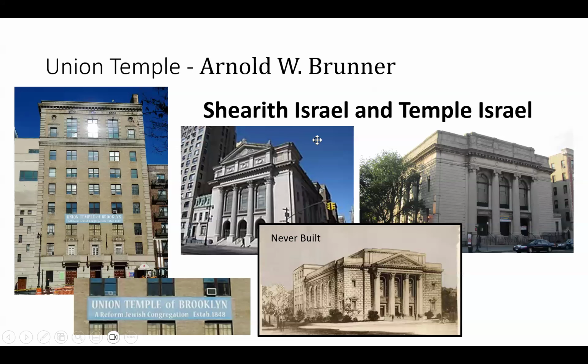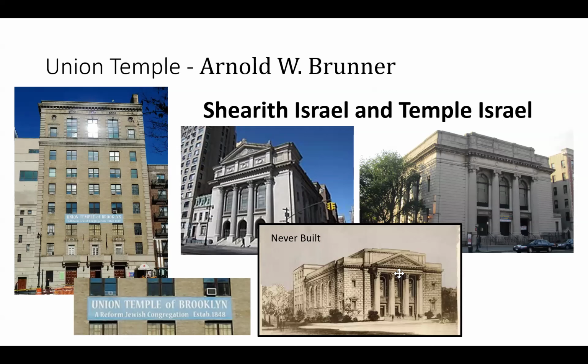Arnold Brunner was a famous German Jewish architect who built temples. He built Shevet Israel in the middle picture, the Sephardic synagogue. He built Temple Israel on the right, which is up in Harlem. He built the Union Temple of Brooklyn, a Reformed Jewish congregation established 1848, high point of German immigration.